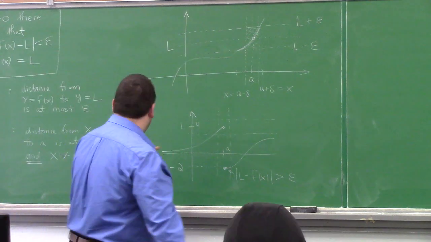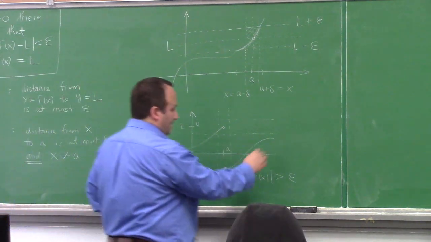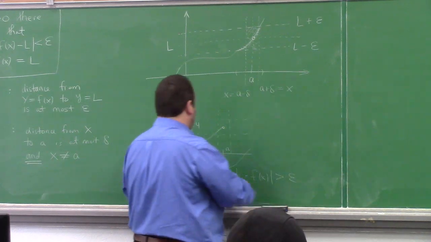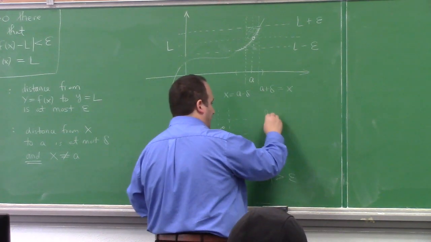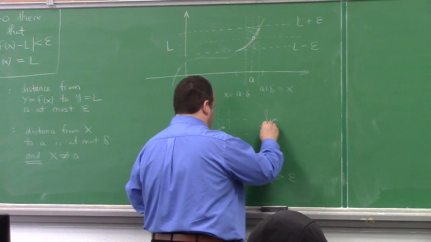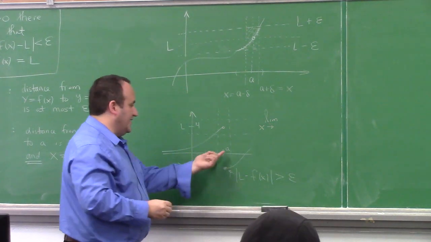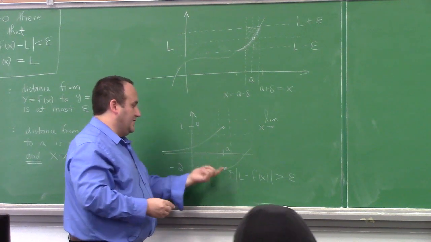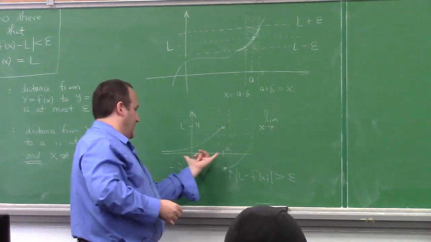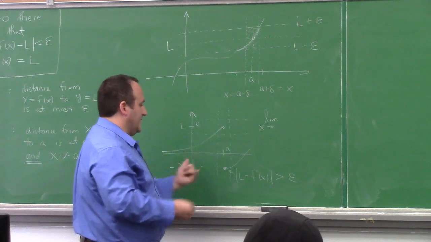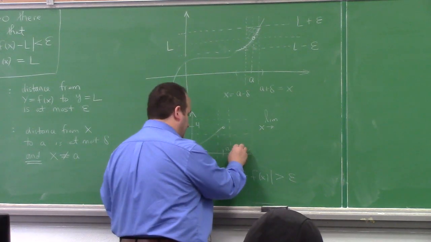Here, we'll say the limit as x approaches a. Do you want me to give a number? a is equal to what? It looks about the same as 4, maybe a little bit more. Let's make it 5, just for the sake of contrast.